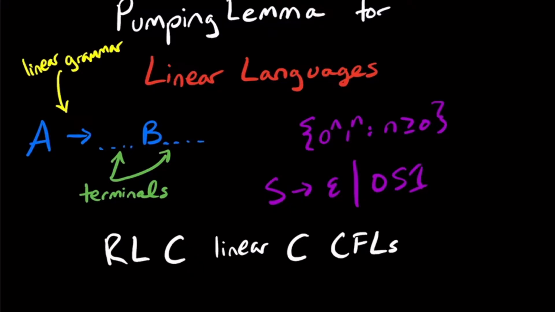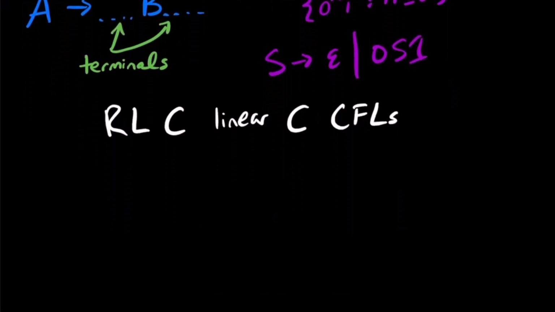The first fact is because every regular grammar already has either 0 or 1 variables on the right-hand side. And the fact that it's a strict subset comes from this guy, where we have a linear grammar, so this is a linear language, but this language is not regular by the pumping lemma for regular languages. But I want to prove something for linear languages here.